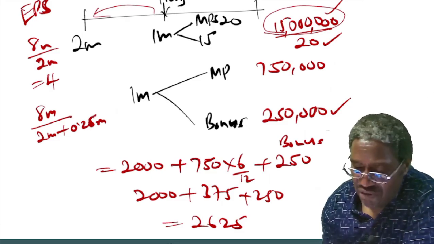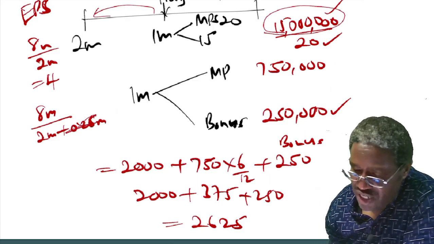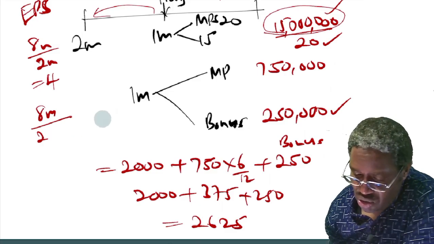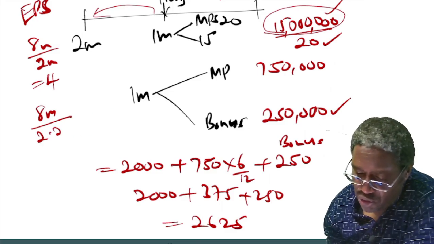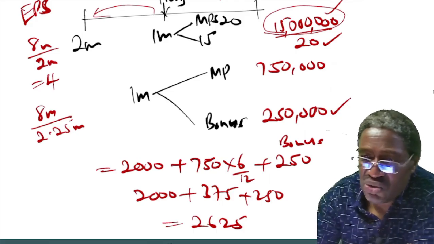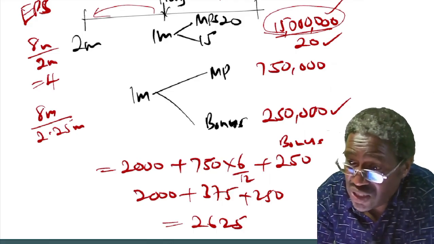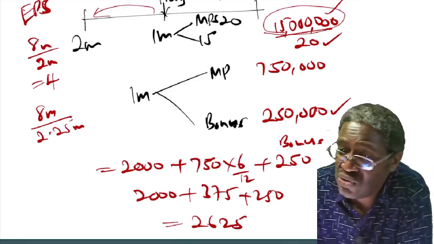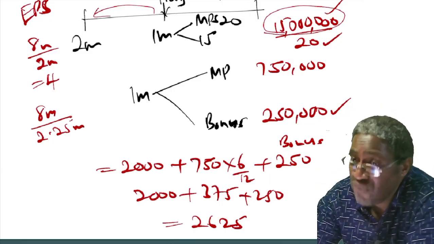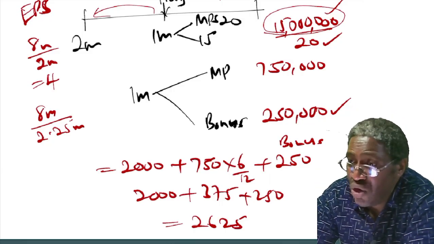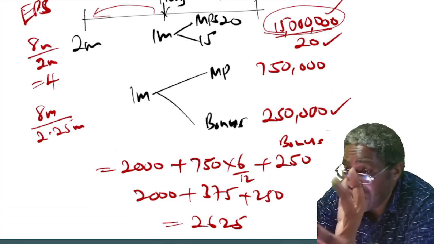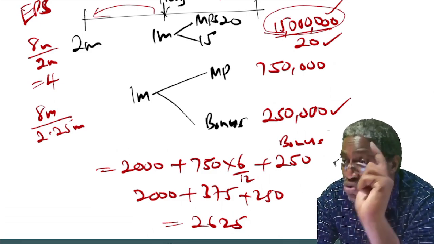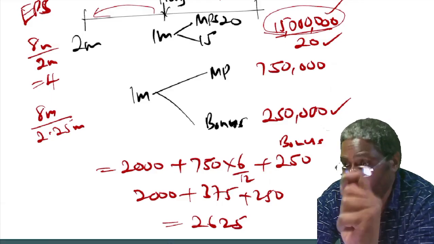So you are going to divide the 8 million by 2.25 million, because you took 2 million and added the bonus element of 250. Good.